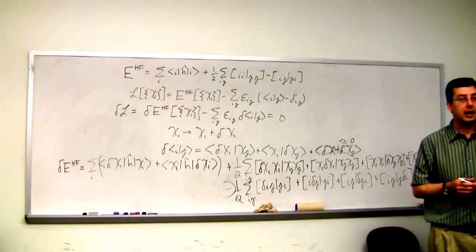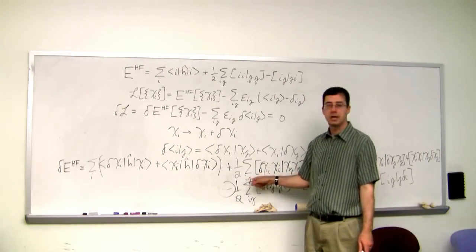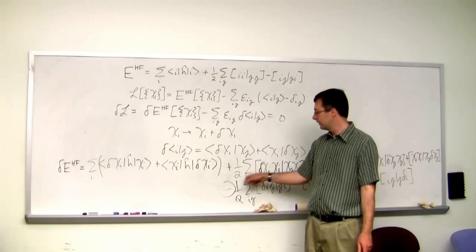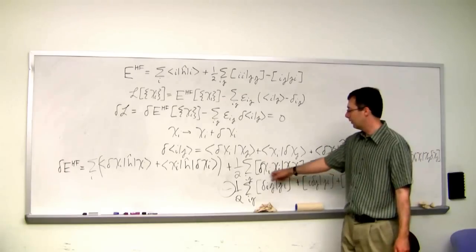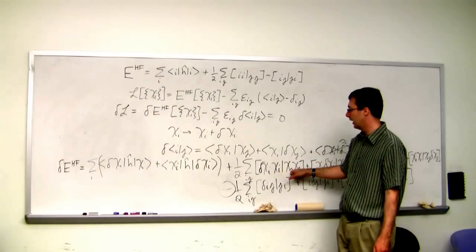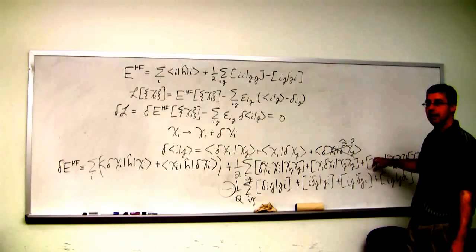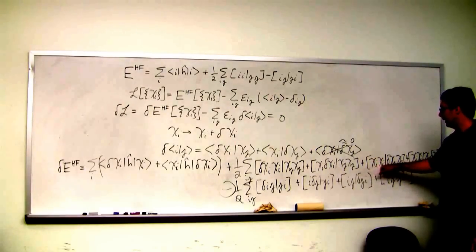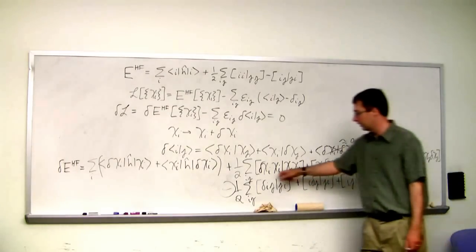But that's also okay because I'm summing over all possible I's and J's. So I and J is also a dummy index. So for this one, I could call the one on the left I and the one on the right J. But for this one, I could redefine I equals J, J equals I, and then this would become chi J, delta chi I, delta chi I, which is that.